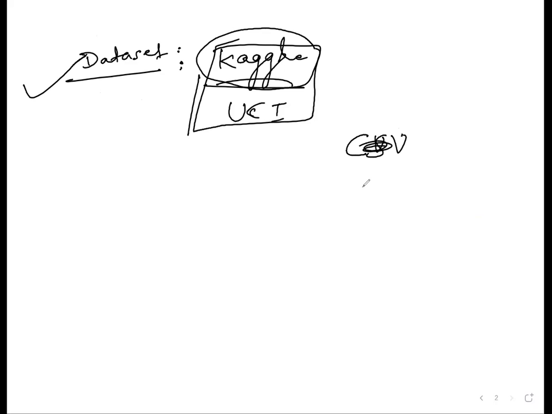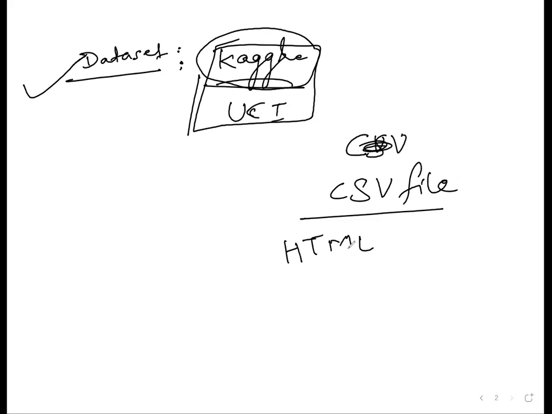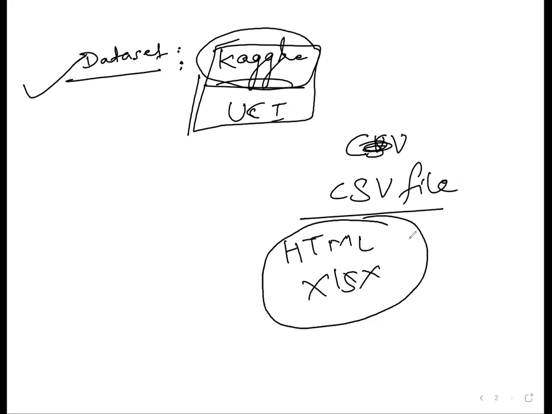Usually we get the data set in a CSV file. But sometimes we also get a data set in HTML or XLSX format. Usually we get the data set in CSV format.